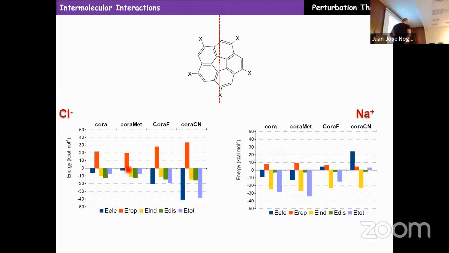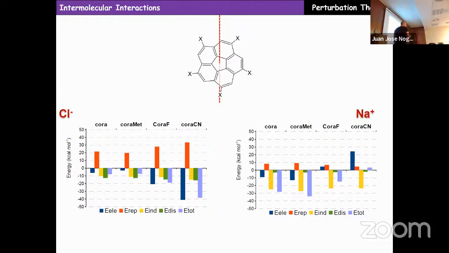The total energy is just a number, and it tells you that with cyanide is the most stable complex. But the energy decomposition tells you why. You can see that all the terms are more or less the same except the electrostatic energy. And why is that? Because if we are chemists, we will say the cyanide has a mesomeric effect. It takes some electrons from the conjugated system and accumulates them here.